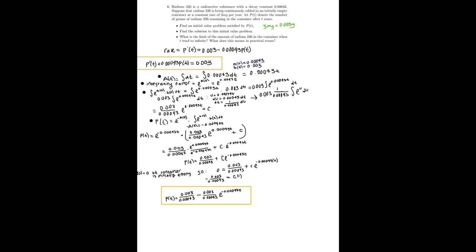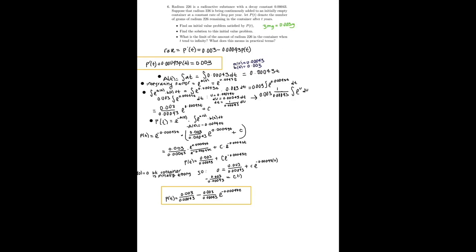I used u substitution to solve the integral, setting u to be 0.00043t, so du would be 0.00043 dt, and dt would be equal to 1 over 0.00043 du. I took 1 over 0.00043 out of the integral since it's a constant, and I was left with 0.003 times 1 over 0.00043 multiplied by the integral of e to the u du, which is just e to the u.